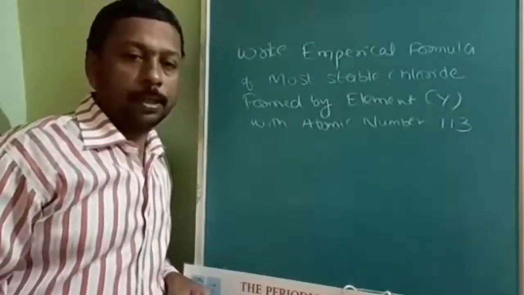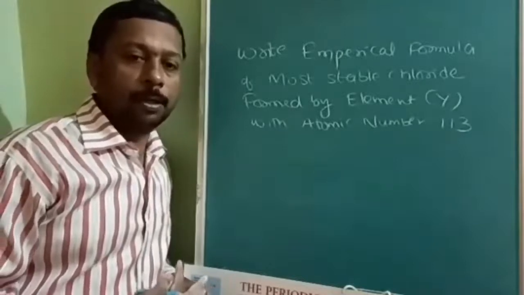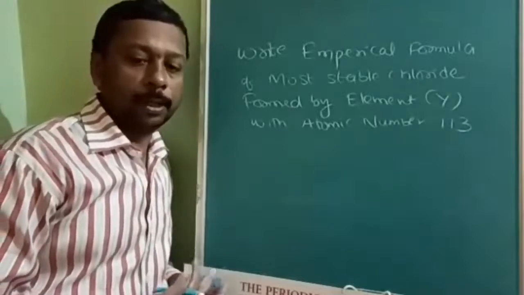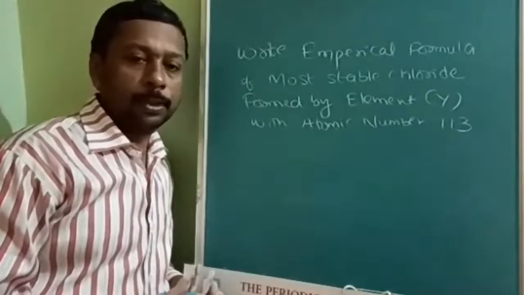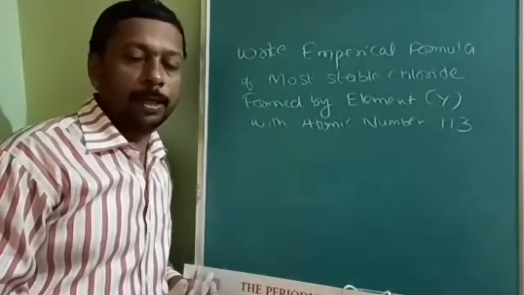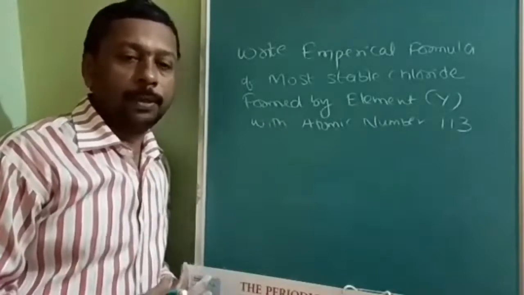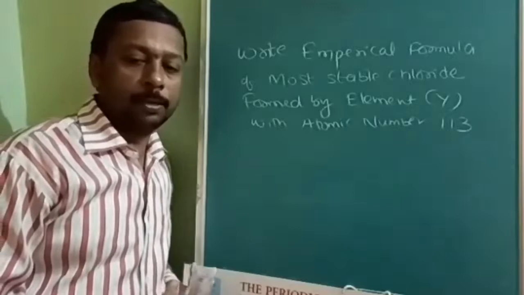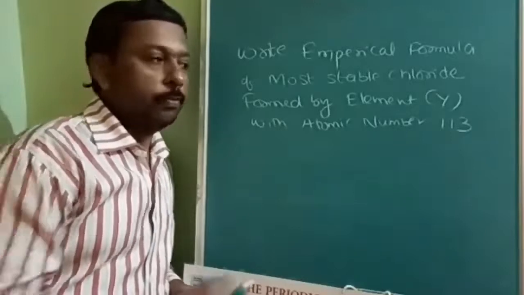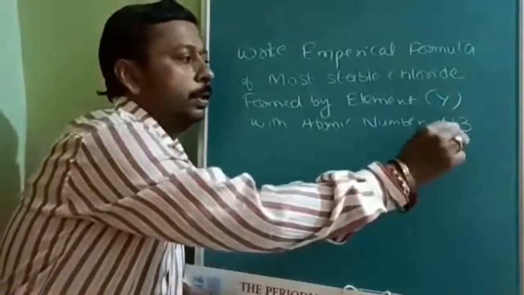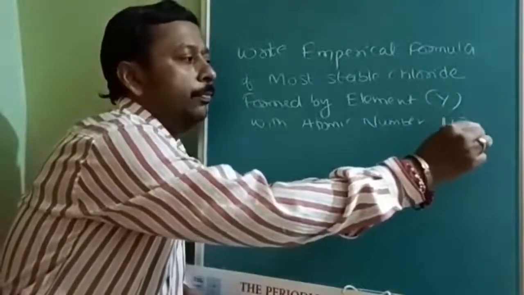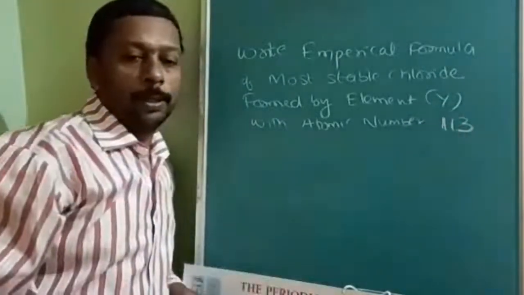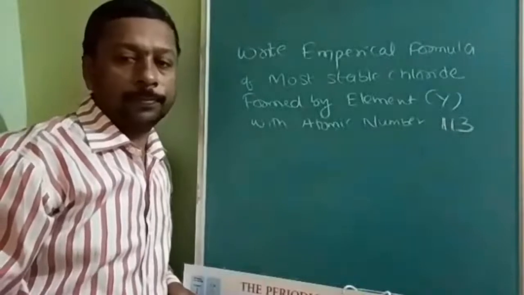Next question is, write the empirical formula of the most stable chloride formed by element Y with atomic number 113. Atomic number is 113.